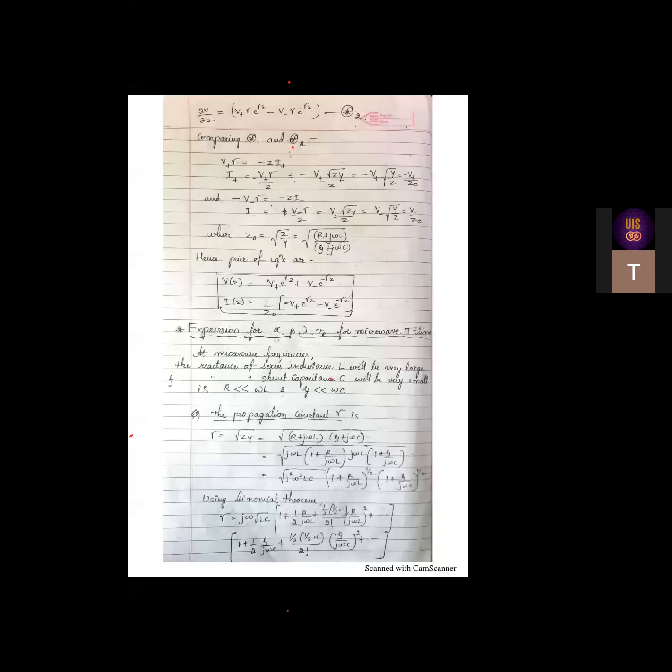In the previous step, the first term is 1, the second term is half R by j omega L, and the third term, half into half, will be a very small value.